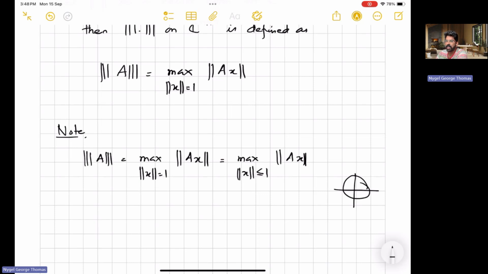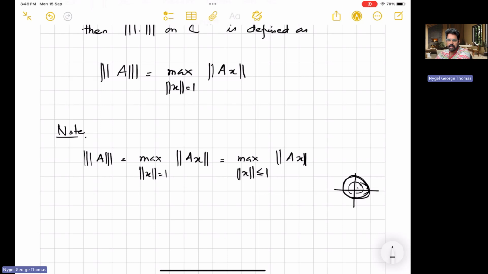Right now we were just looking at all the points on this unit circle. But even if you add the interior points, let's assume there is a maximizer which maximizes this function, and it happens to be in the interior of the circle.